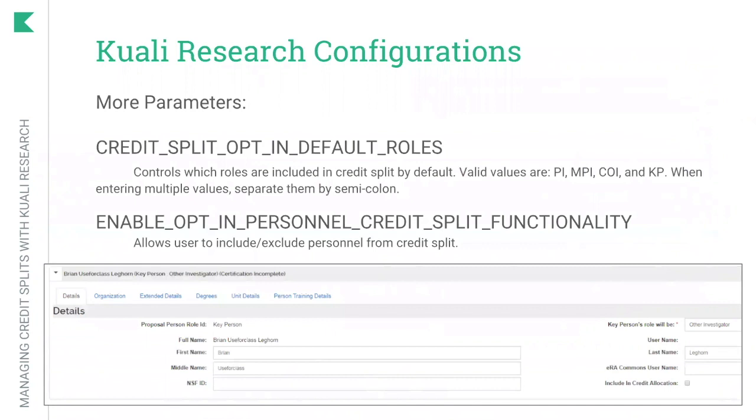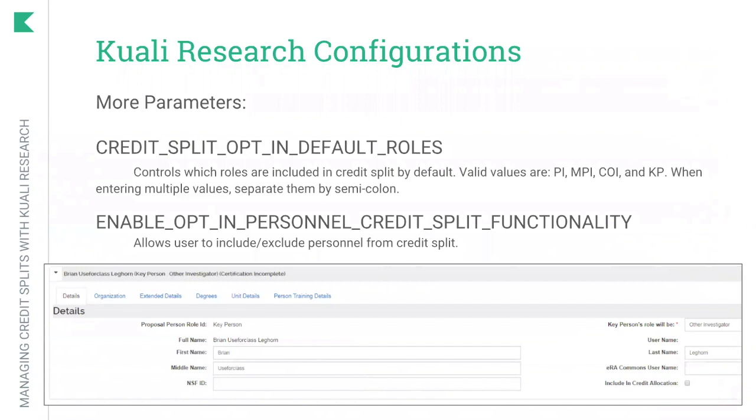These were two parameters that we realized were needed when we implemented Kuali Research last year, and Kuali was wonderful in adding these parameters for us and making them available within the product.